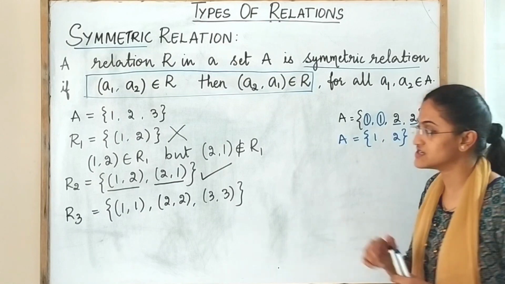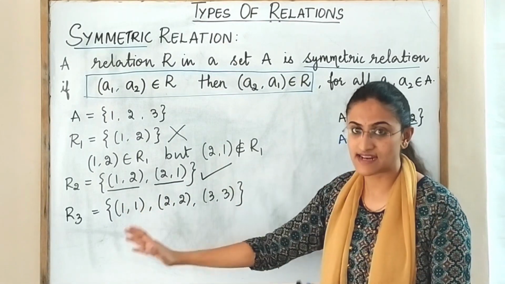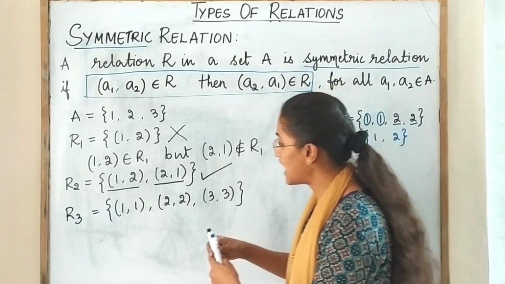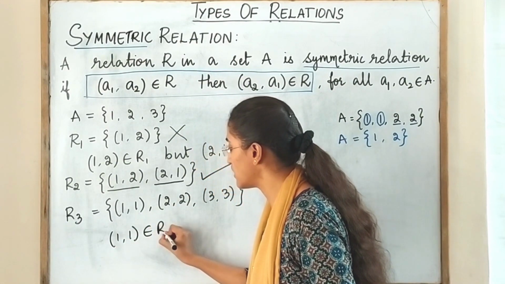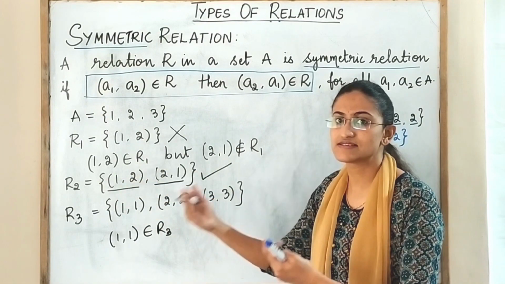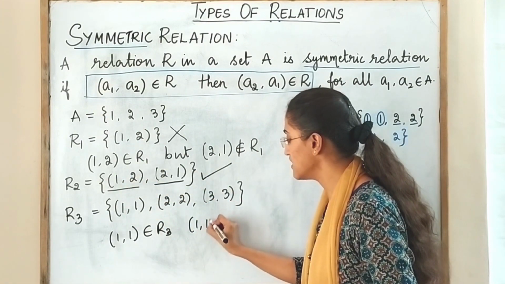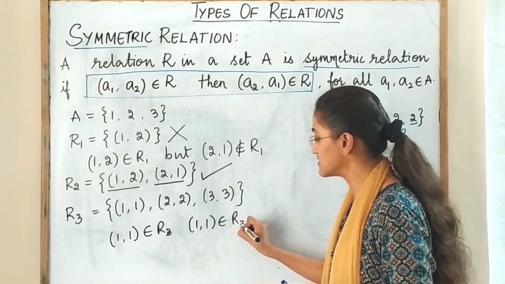In a similar fashion, even in the relation, you can have (1, 1). Take (1, 1) belongs to R3. You can again pick the same element, (1, 1) also belongs to R3.